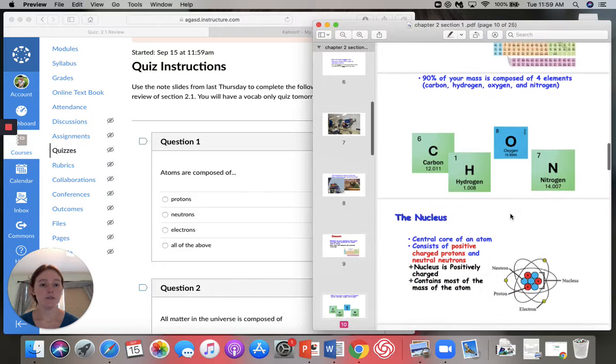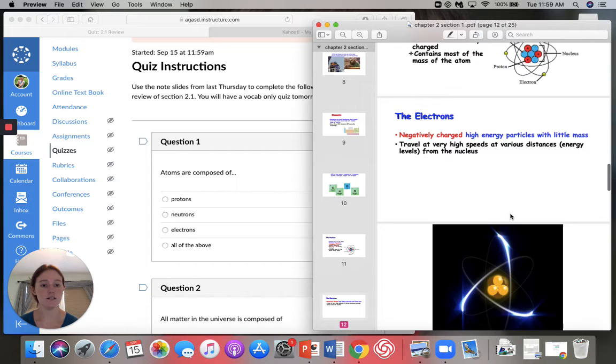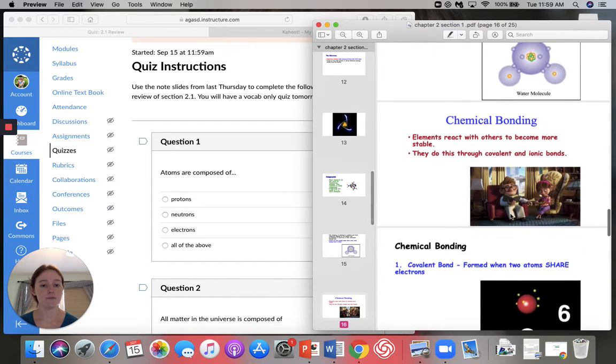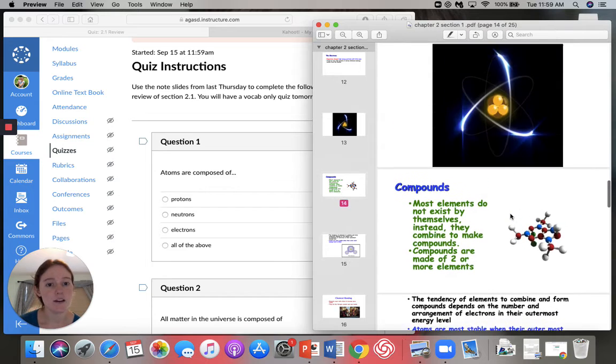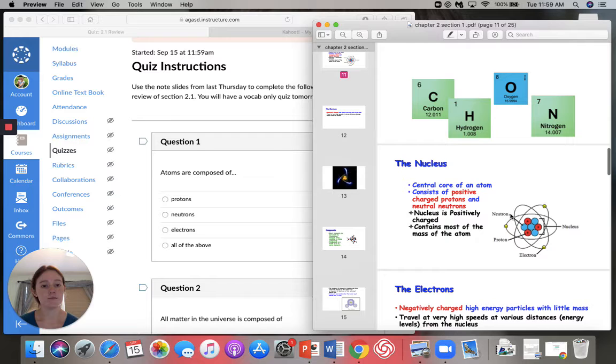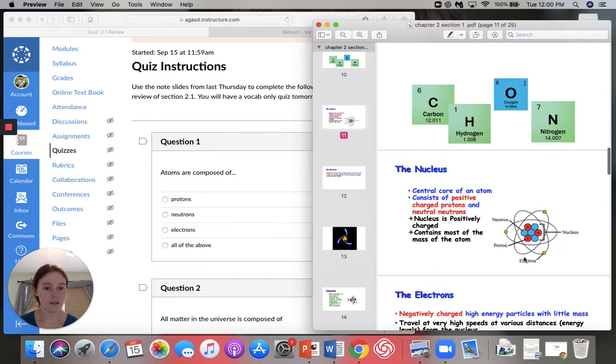So we talk about elements, nucleus, electrons. So that must be where we talk about atoms then, right? This is an atom here.